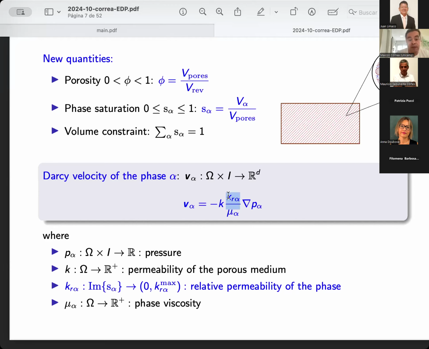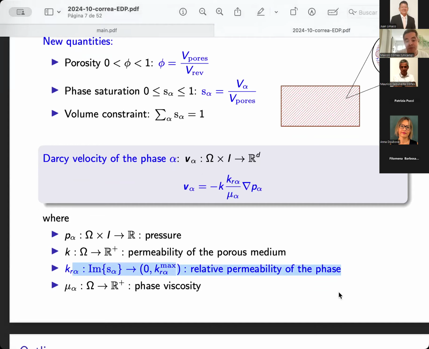This relative permeability brings nonlinearity to the problem because it's a function of the saturation. It somehow accounts for the difficulty when you have other phases in presence, how the phase you are studying is going to flow. So the presence of another phase affects how the phase alpha is flowing. So this is a really important function that is nonlinear because it depends on the saturation.